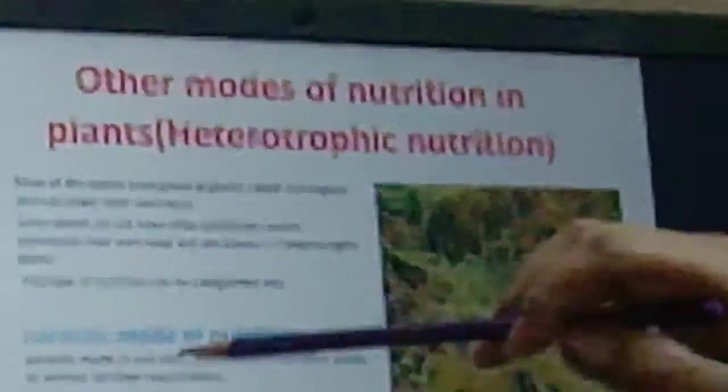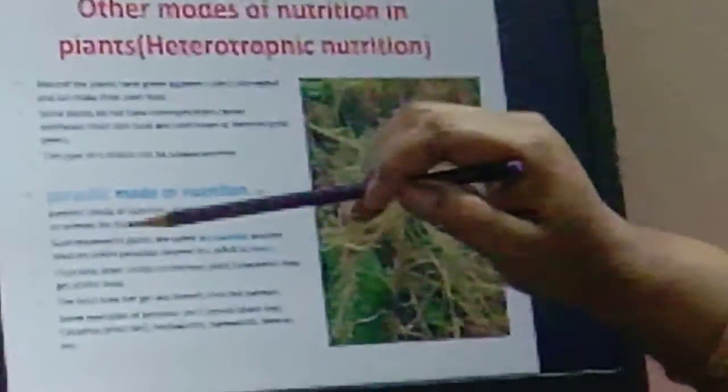Number one is the parasitic mode of nutrition. In the parasitic mode of nutrition, plants depend on other plants or animals for their nourishment. Such dependent plants are called parasites, and the ones on which parasites depend are called hosts. A parasite plant climbs on the host plant from which it gets all the food. They do not synthesize food, they get the food from the host.